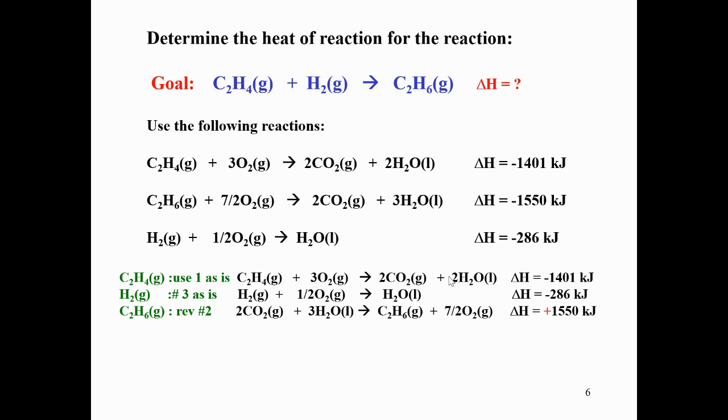Now we need to cancel out like terms. So my 2 CO2s there. Bam, I have another 2 CO2s there. What else do I have the same? I have 3 O2s, and I can get rid of 3 O2s right here, right? I can get rid of half there. And I get rid of some more over there. So now my 2 waters.